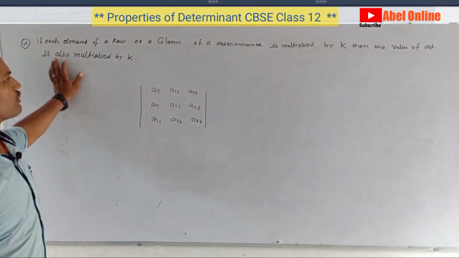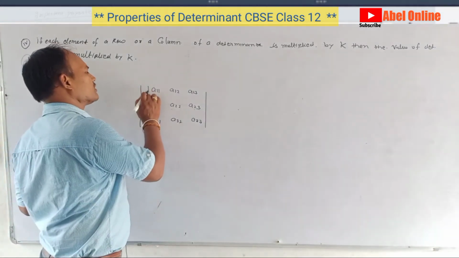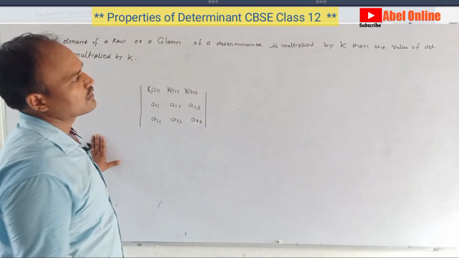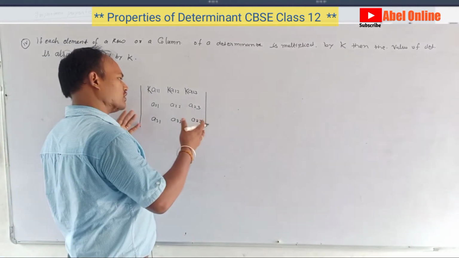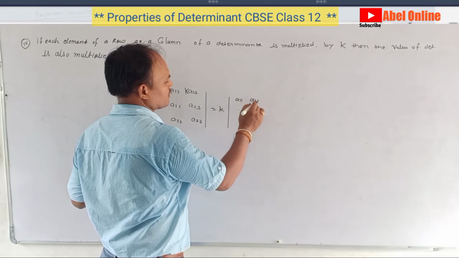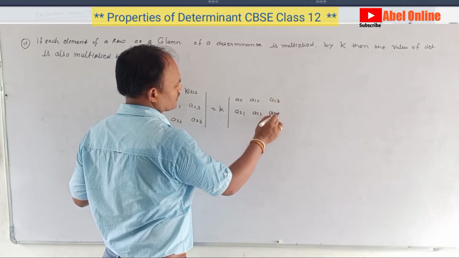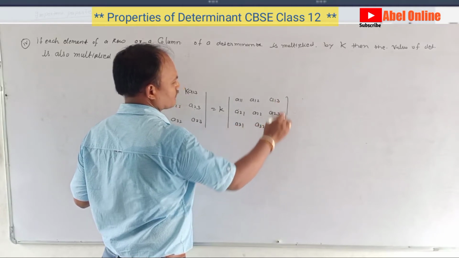If each element of a row or column of a determinant is multiplied by k, then the value of the total determinant is also multiplied by k. So we can say that the determinant A11, A12, A13, A21, A22, A23, A31, A32, A33 is a multiple of k.